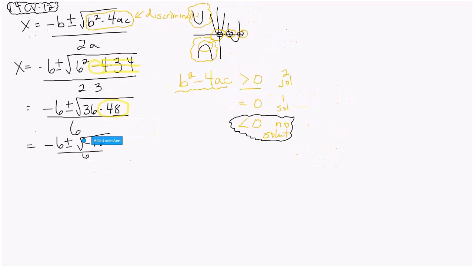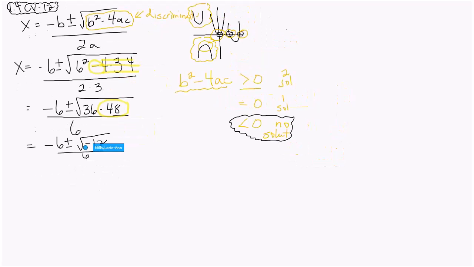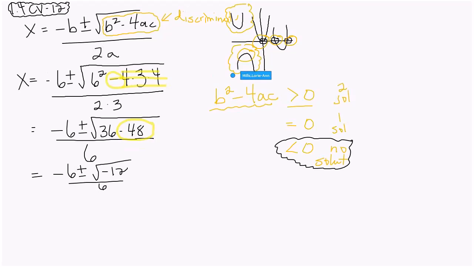So I'm going to show how you simplify the -12 into its most simplified form. And again, this -12 tells us that we're going to have a floating parabola that doesn't have any x-intercept. So whatever answer I get here for what x is equal to, it's going to be an imaginary number and not actually exist, but we still mathematically want to have this in the most reduced form.